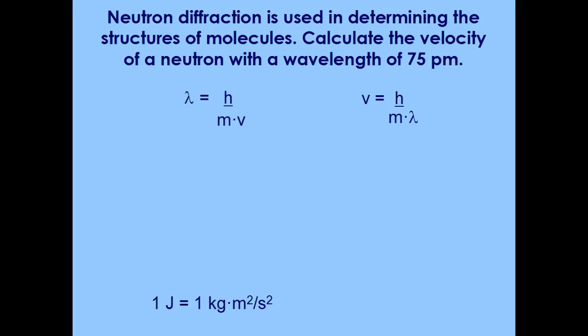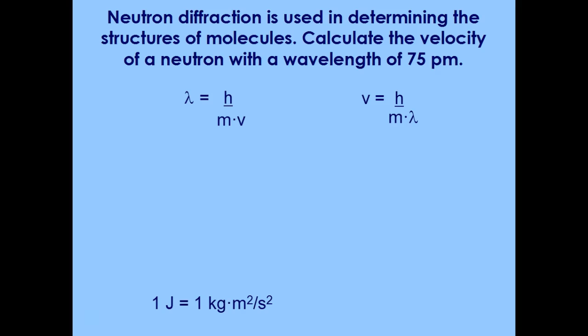Again, we know that Planck's constant is joules times seconds, and because we're dealing with mass, which is not going to have a joules component, and wavelength, which is also not going to have one, I'm going to go ahead and switch it over to the metric fundamental units that were used to create the joule so that you can see where the units are going. So 1 joule is equal to the mass times a distance unit squared over a time unit squared.